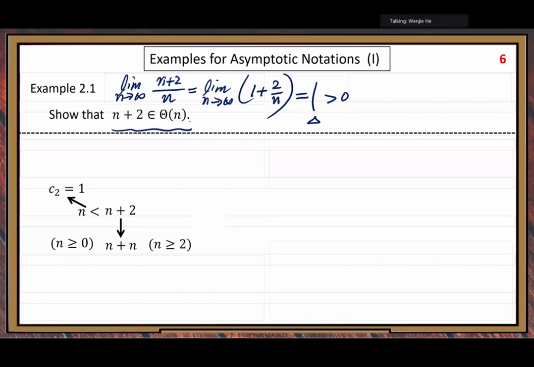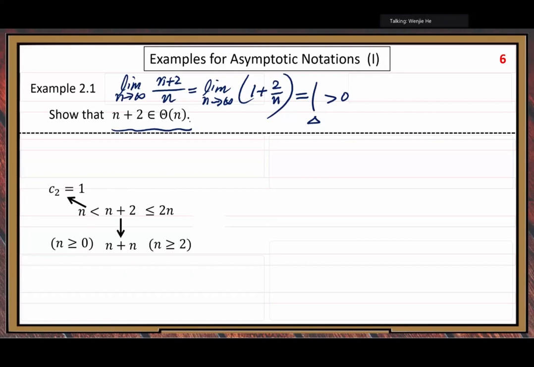But we put a condition here: when N is greater than or equal to 2, if we replace 2 by N, we go larger, then we get the upper bound 2 times N. With that condition, in our definition, that's the N naught, a non-negative integer number.